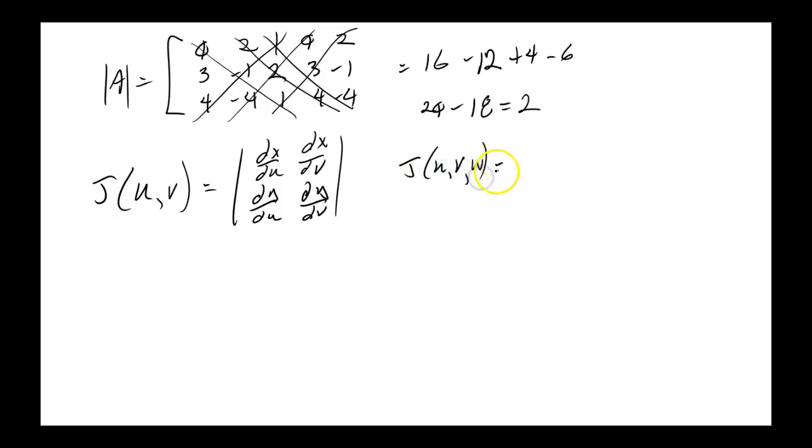The Jacobian of u, v, w would then be the determinant of the 3 by 3: partial of x with respect to u, partial of x with respect to v, partial of x with respect to w, partial of y with respect to u, partial of y with respect to v.